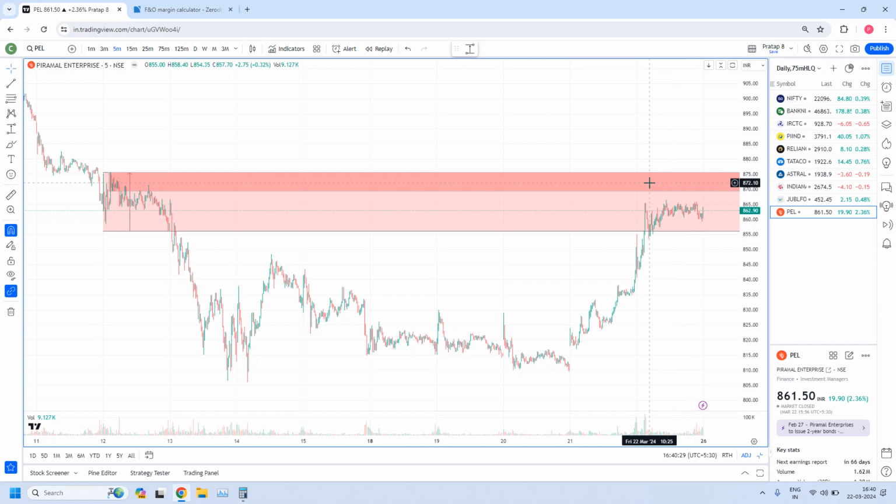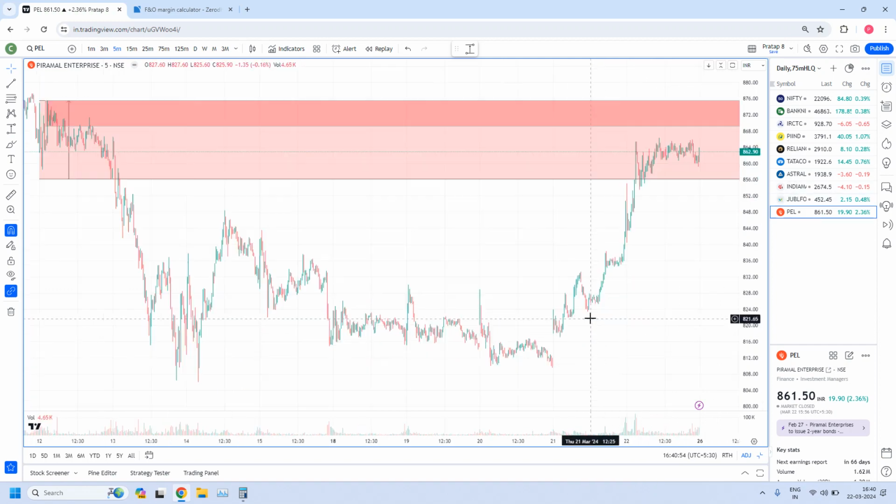So this is about the high liquidity zones we identified in our previous report. Hope this analysis will be useful and helpful to you, because we discussed some deep analysis, especially Jubilant Food and India Cement.